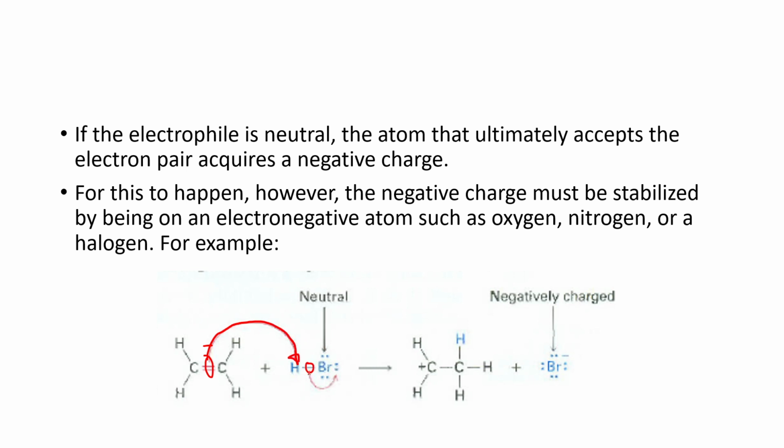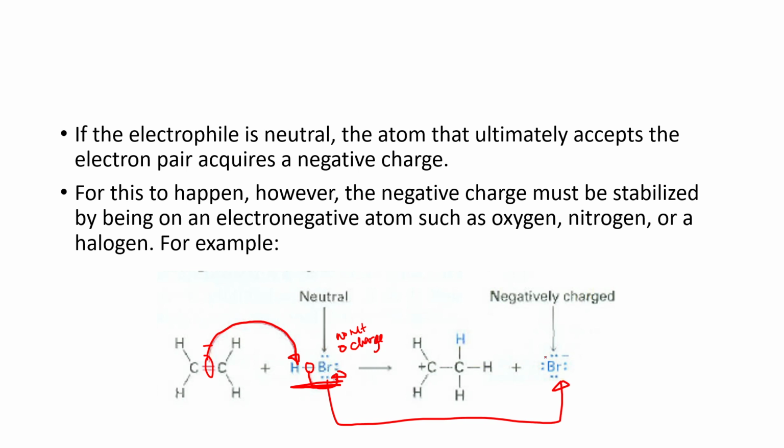This bond will break and move towards bromine. Please take note that in this compound, they are neutral. This has no net charge. Hydrobromic acid has no net charge. However, since bromine was the one to accept the electron, it now becomes negatively charged.